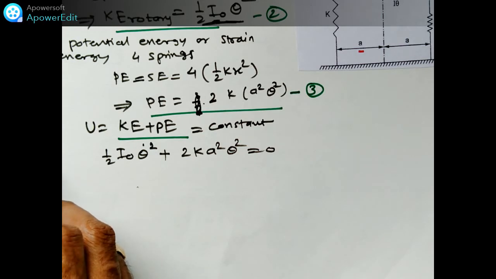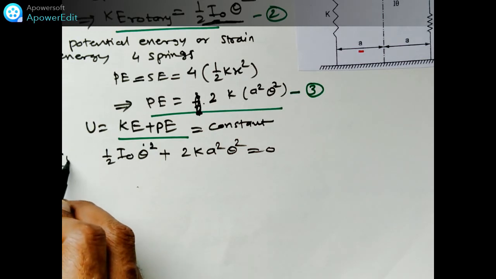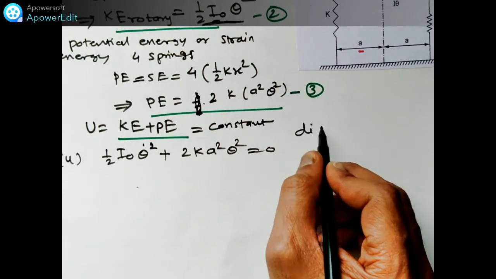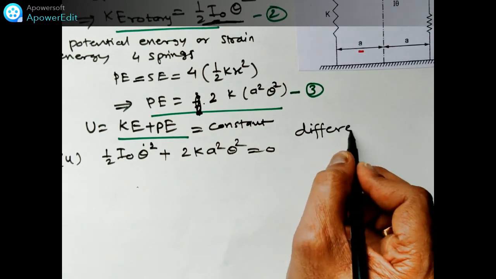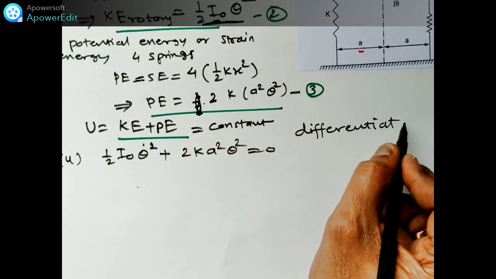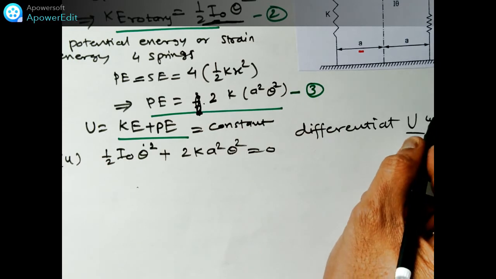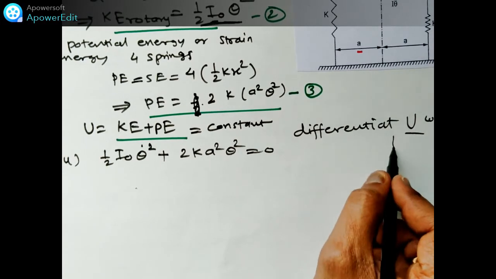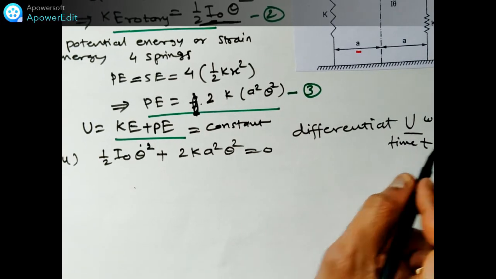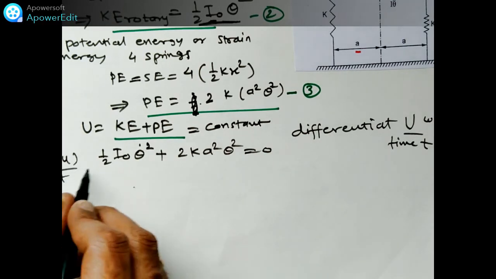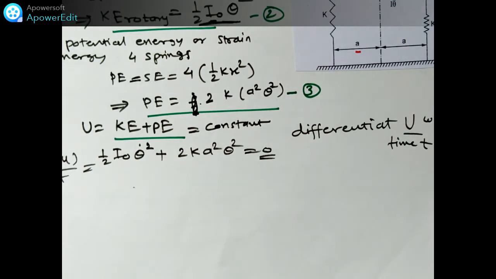Differentiating this total energy U with respect to time t, dU by dt is equal to 0.